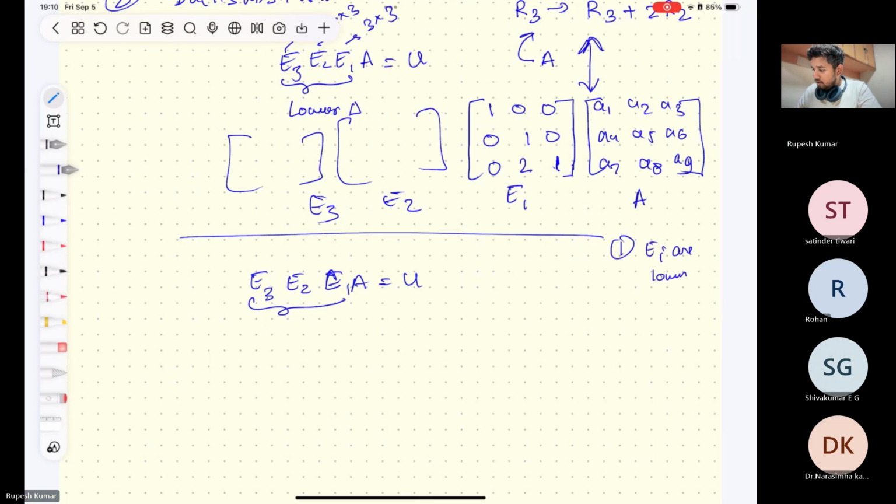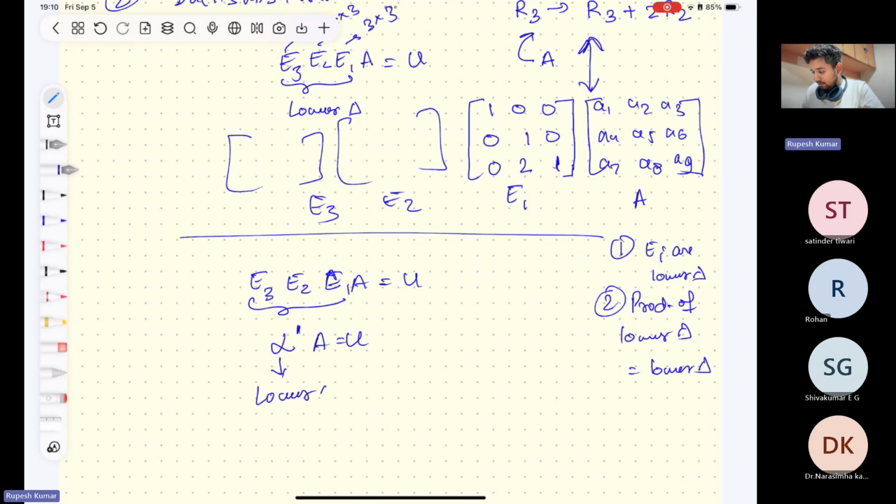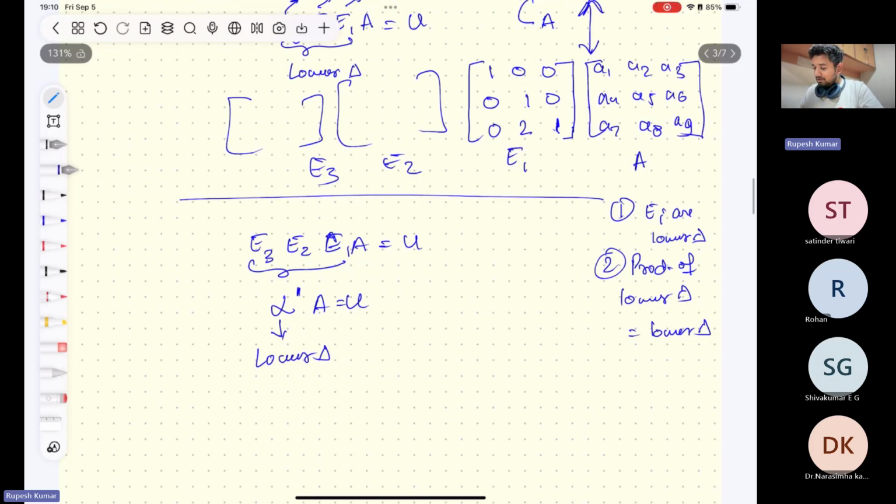The second property is that the product of lower triangular matrices is lower triangular. This you can also prove, and you can show that this is some matrix, let's say L dash, so L dash times A equals U, and this is lower triangular. Now, if A is full rank, you can say that A equals L dash inverse times U.